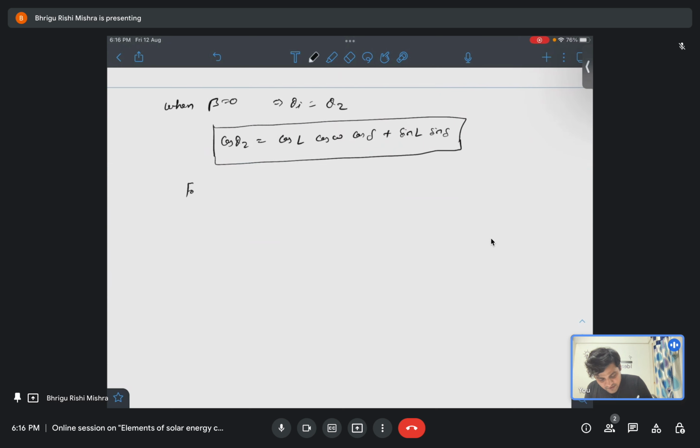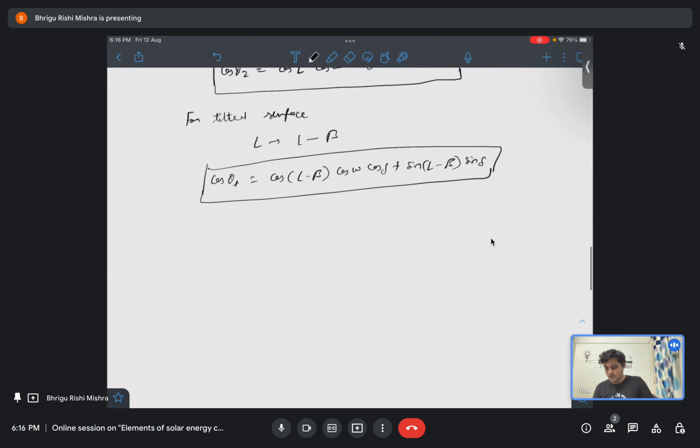For a tilted surface, theta z, L will simply be replaced by L minus beta, so the formula will be cos theta t, here t is tilted, equals cos (L minus beta), and everything will be same, cos omega cos delta plus sin (L minus beta) sin delta.